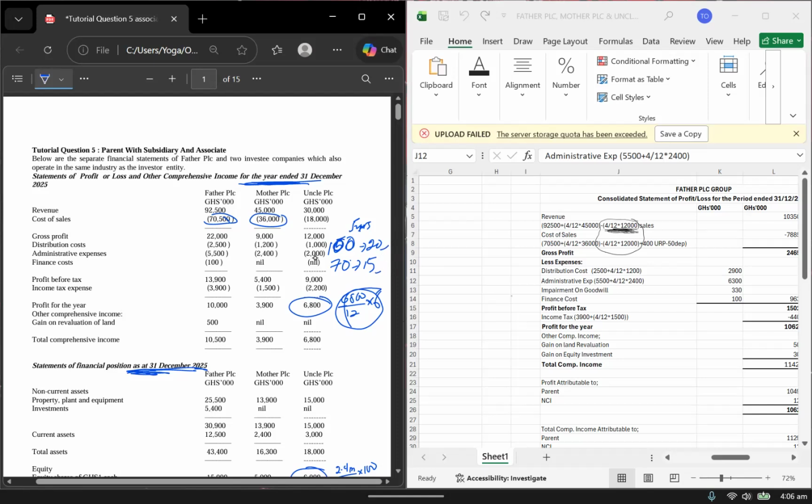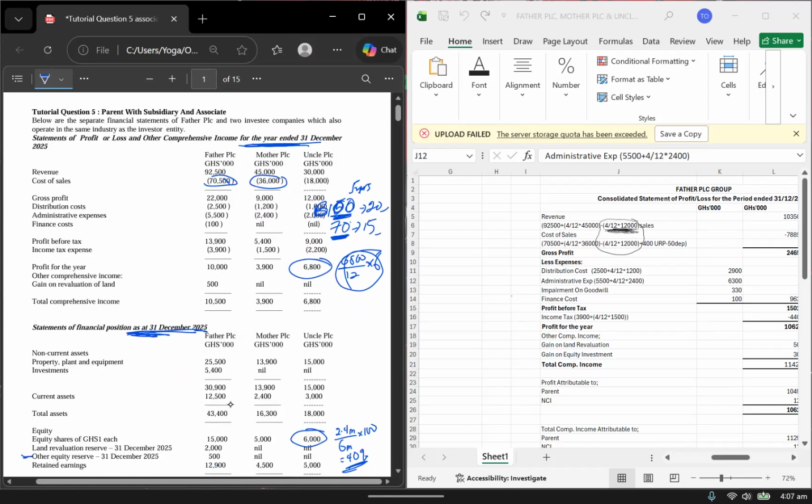Because this is what you have as your book value. You have 100 as your book value, but we are saying that the market value is 70. So it's the market value that we want, not the book value. And you've already charged 20, meaning you've overstated your depreciation. So you have to come and reduce it. That's why you are subtracting the 50 in here. Okay. Then you should be fine with that.